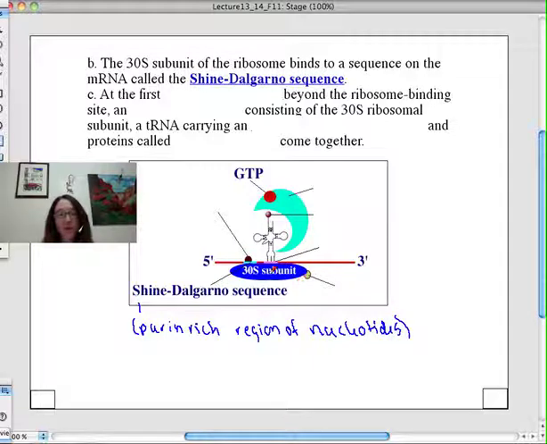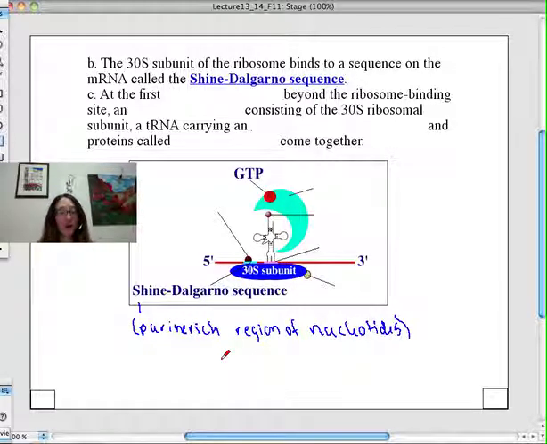And within the 30S subunit, here's the major function for the 16S ribosomal RNA. It has a complementary sequence on that RNA that recognizes right there and kind of holds on to, latches on to the Shine-Dalgarno sequence. So that sequence, of course, is going to be a pyrimidine-rich region. Oops, I spelled purine wrong here. Let's fill that in. Purine-rich region of nucleotides.